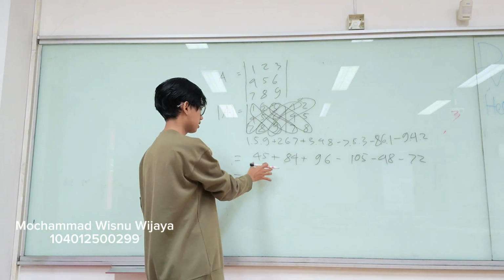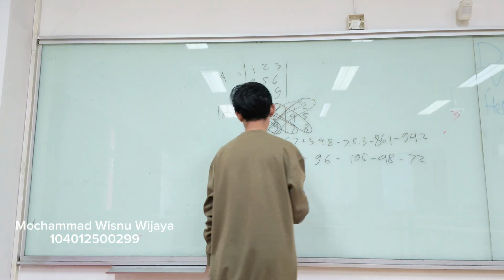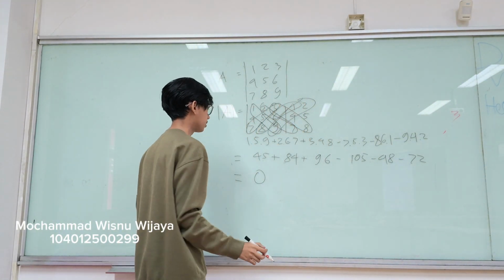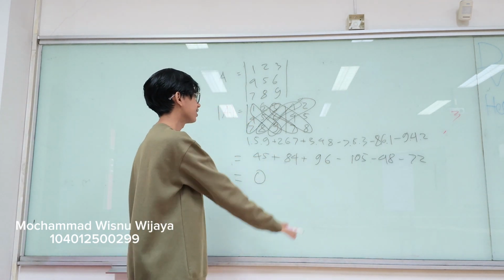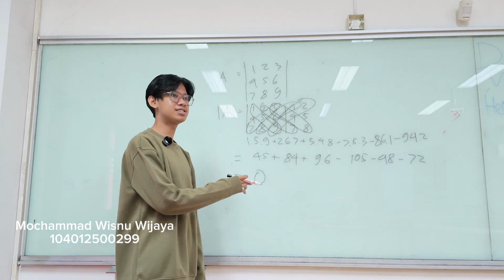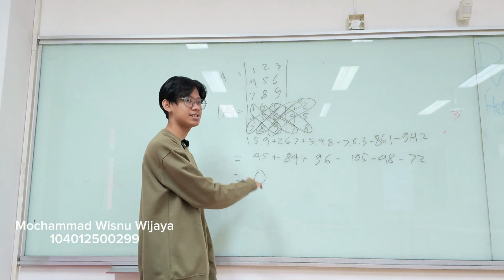Next is the equal, and the equal is 0, sama dengan ini ya 0 gitu. Okay, this is the matrix 3 times 3.